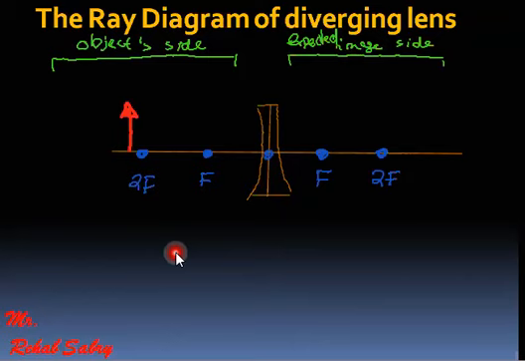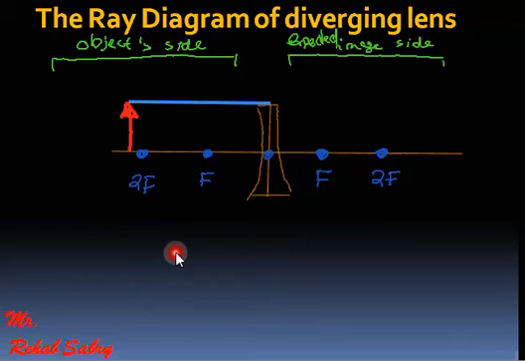The first ray is parallel, reaching the line. This is the first ray. The second ray, we will make it with green. This is the second ray, violet.